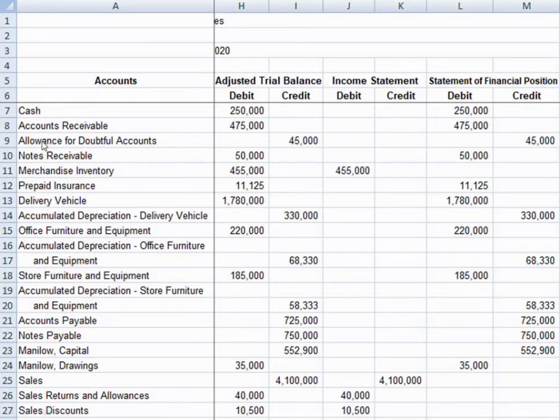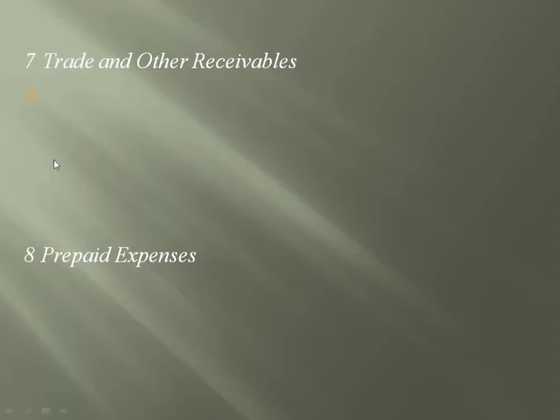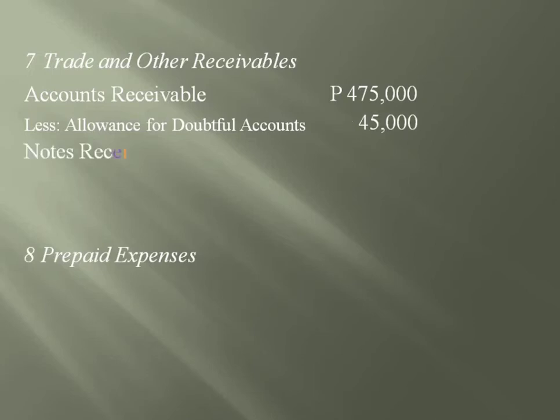The next three accounts here, accounts receivable, allowance for doubtful accounts, and notes receivable, go to note number 7, trade and other receivables. $475,000 accounts receivable less allowance for doubtful accounts of 45,000 equals net realizable value of 430,000.